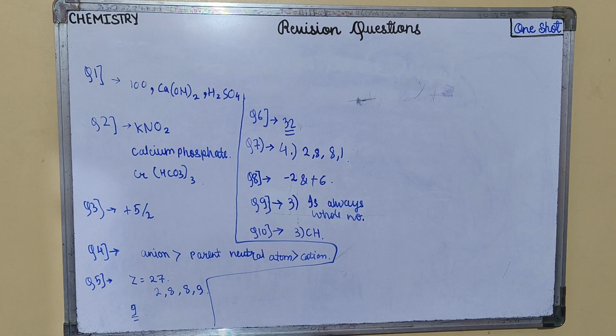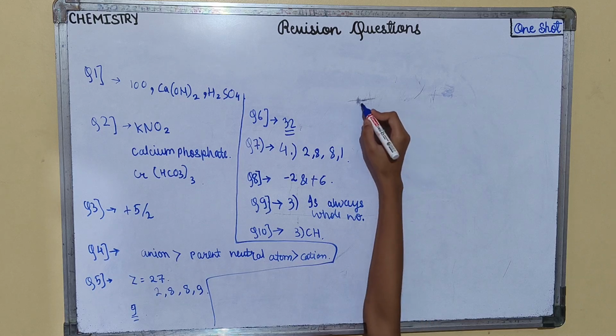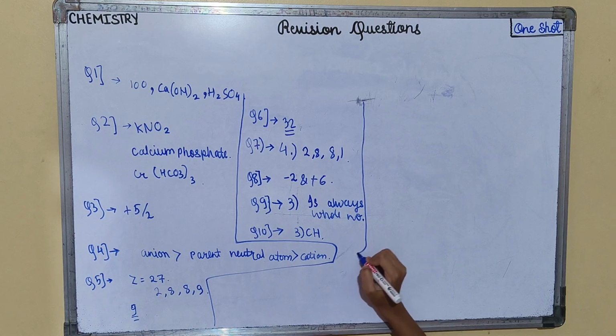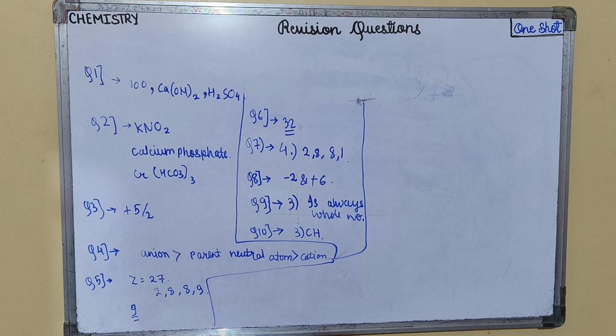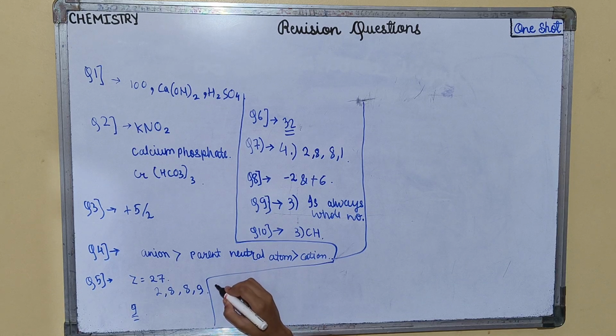Option 4 is C2H2. Now these all were the objective types. Now let us move towards the subjective types.